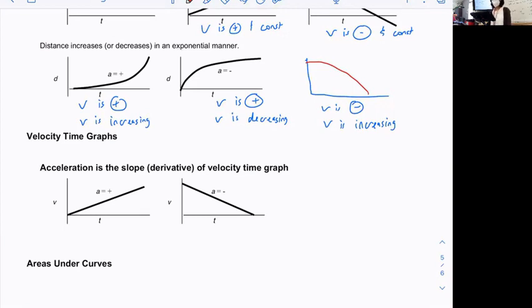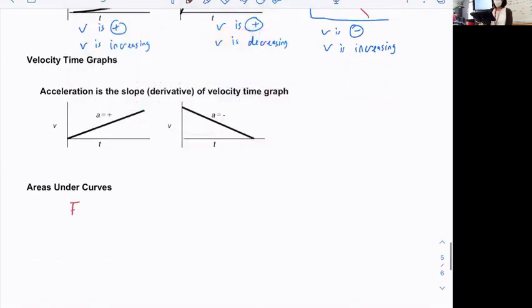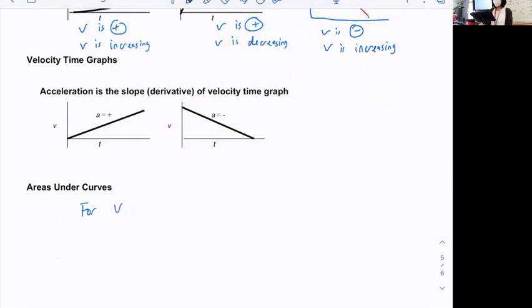And then areas under the curve. I wish I could just pick up a whiteboard marker. For velocity time graphs, area under the curve is the displacement.